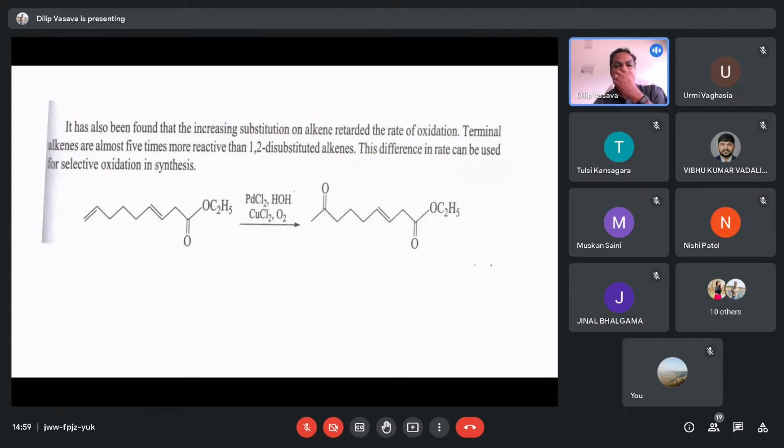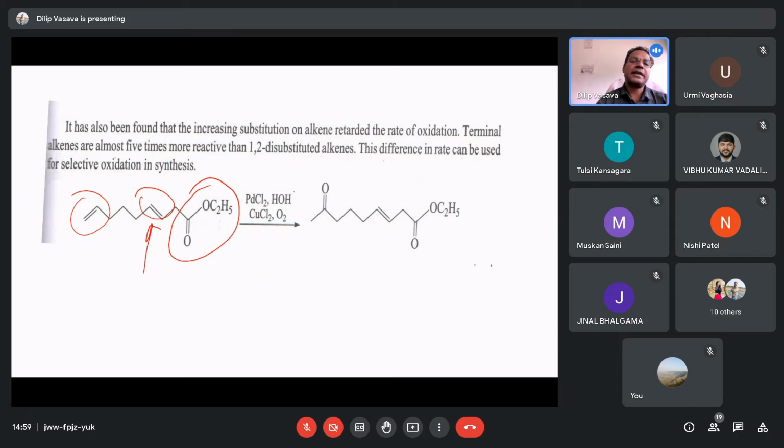Now this is a good example for the oxidation of a compound having the ester functional group and 2 double bonds. If you look at that, the ester is there and this double bond is more substituted in comparison to the terminal double bond.